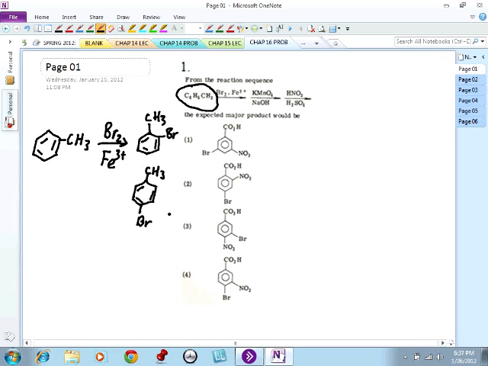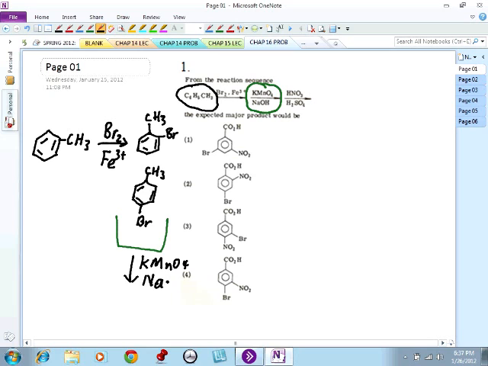Now they take this product. In the next step, they react it with potassium permanganate, in this case in sodium hydroxide.